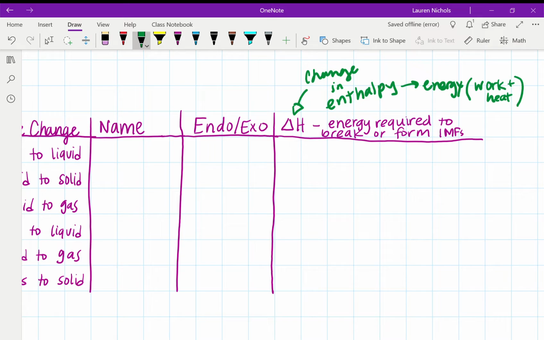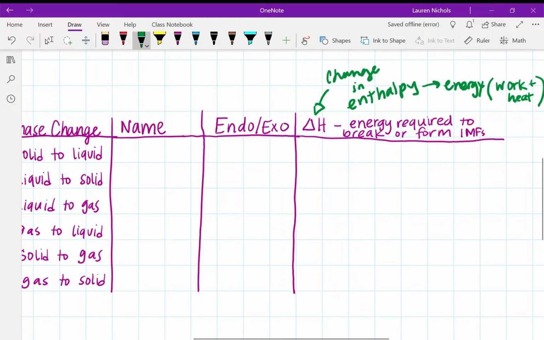When a compound heats up, the atoms start to expand, which is work, but it also has heat involved. So enthalpy is the total energy, work and heat, whereas when we're talking about change in temperature, we're specifically talking about just the energy related to heat.